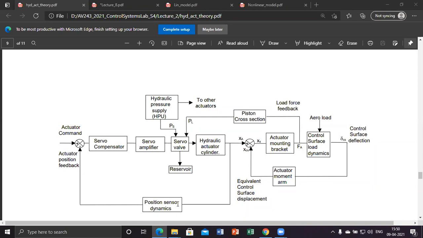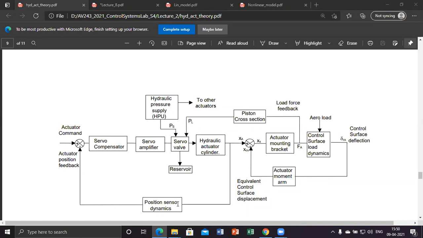For example, if you are using LVDT, linear variable differential transformer. You have studied LVDT by any chance? Yes, sir. Okay. So LVDT, the problem is it is having an excitation frequency. We have to remove that excitation frequency, and some carrier is actually modulated by the mechanical motion. So we have to filter out the excitation frequency component.